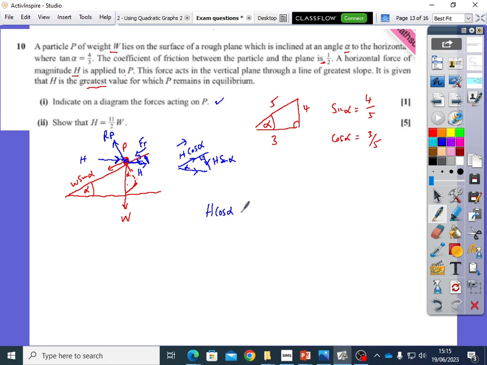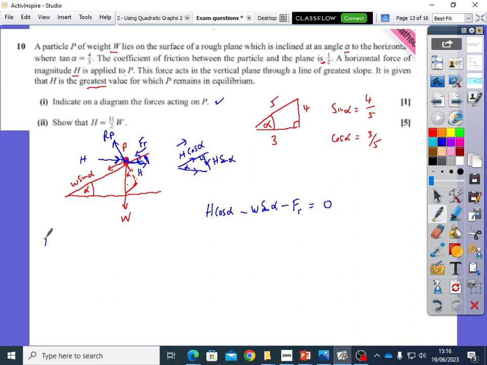We've got minus W sine alpha, and we've got minus friction, which is going against it, and nothing else. So that's coming down, and that's coming up. That's good. So that's it, and it's held in equilibrium. So H is at its maximum, that will be 0. Okay, so we just need to find what friction is.